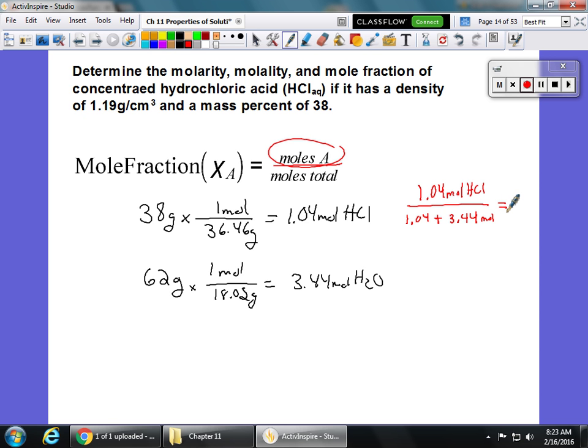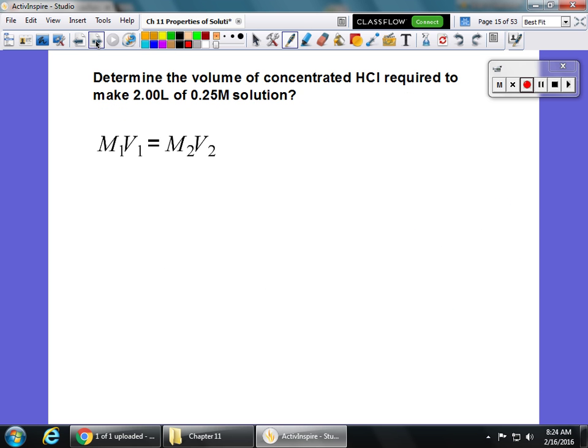And again, we don't multiply by 100 or anything. This is the mole fraction. So the mole fraction of the HCl is going to be 0.232. If we subtract that from 1, that will give us the mole fraction of the water, which is going to be 0.768.